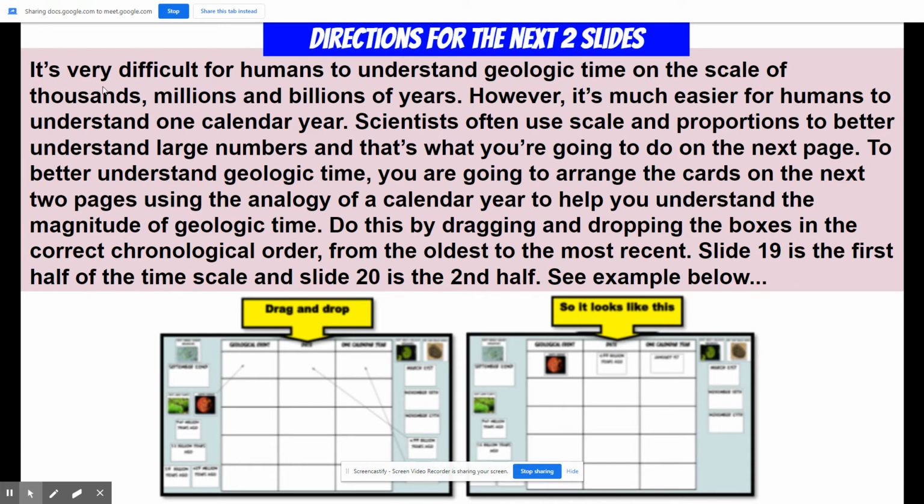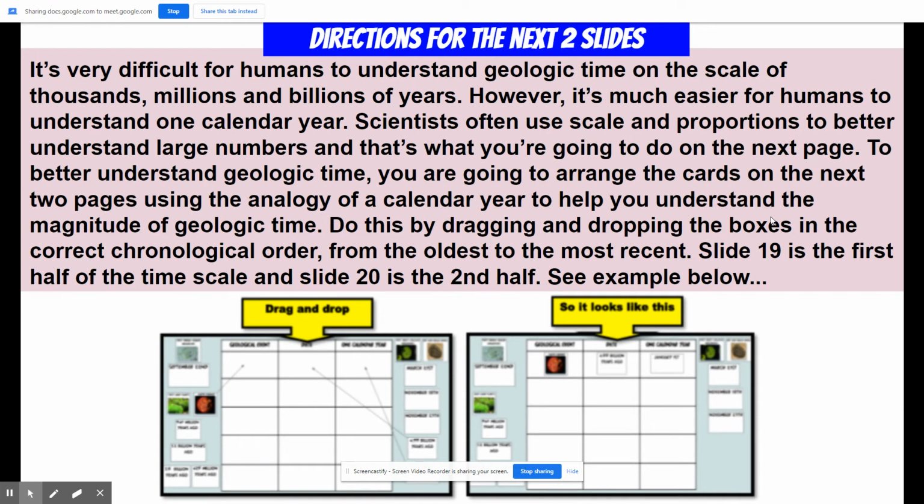What this says is it's very difficult for humans to understand geologic time on the scale of thousands, millions, and billions of years. However, it's much easier for humans to understand one calendar year. Scientists often use scale and proportions to better understand large numbers, and that's what you're going to do on the next page. To better understand geologic time, you're going to arrange the cards on the next two pages using the analogy of a calendar year, because it's easier for us to understand a calendar year.